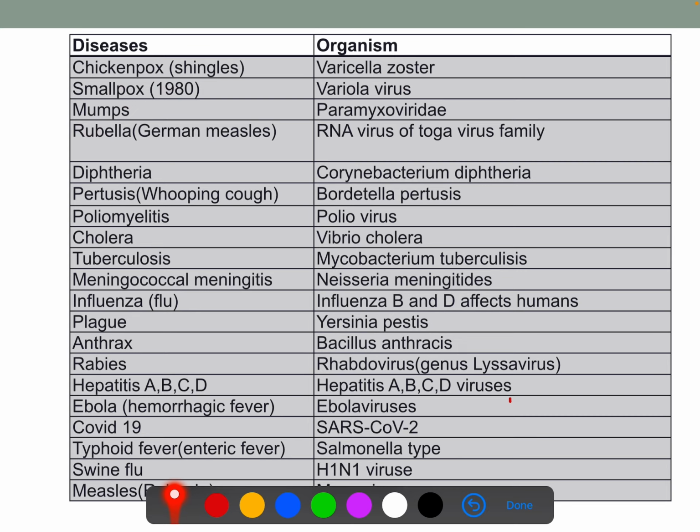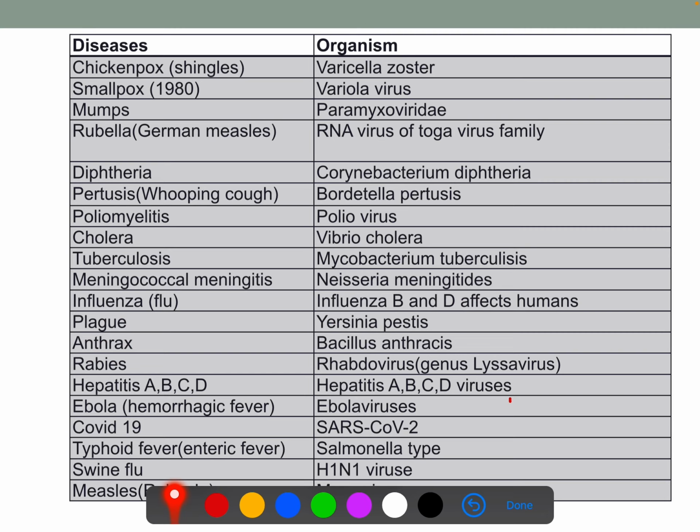Diphtheria, Corynebacterium diphtheriae. Pertussis is also called whooping cough, it's Bordetella pertussis. Poliomyelitis, poliovirus. Cholera, Vibrio cholerae. Tuberculosis, Mycobacterium tuberculosis. Meningococcal meningitis, Neisseria meningitidis. Influenza also called flu. Influenza A, B, C, D are there, but only A and C affect human beings. Plague, Yersinia pestis.